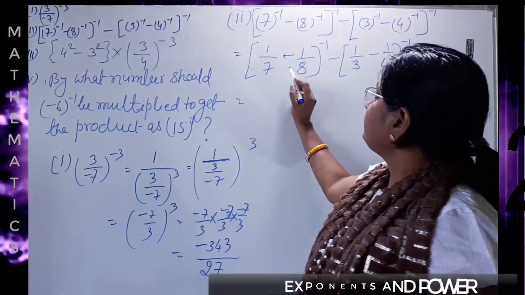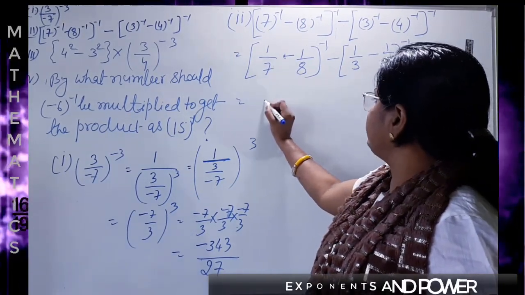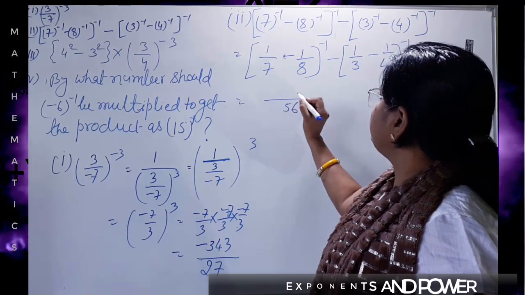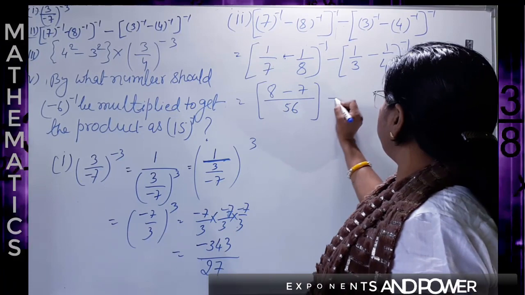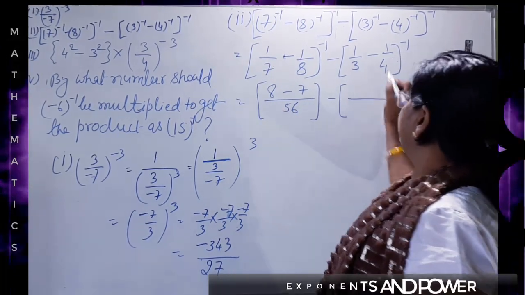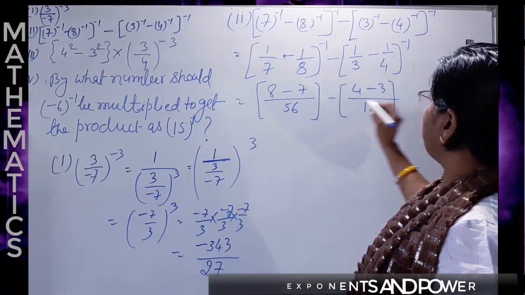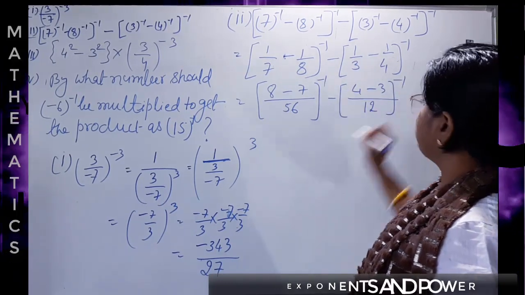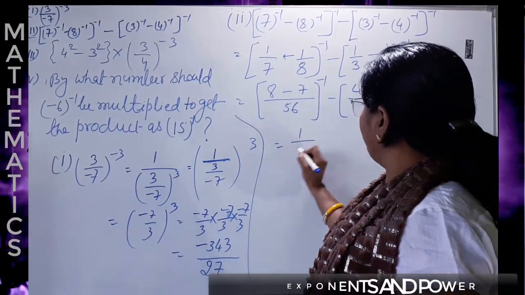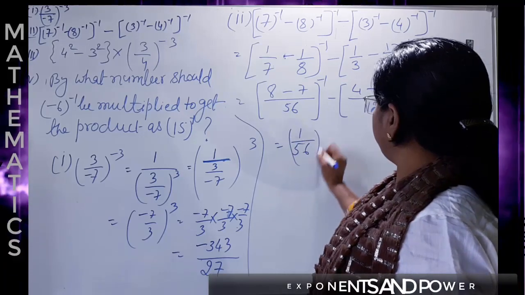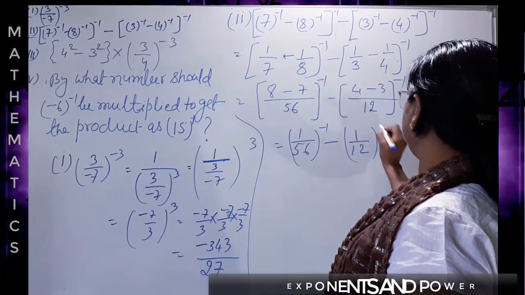And now simple subtraction of fractions. LCM of 8 and 7 is 56, and there 8 minus 7, minus, LCM of 4 and 3 is 12, 4 minus 3, to the power minus 1, there also minus 1. That is (8 minus 7) by 56, (1 by 56) to the power minus 1, minus (1 by 12) to the power minus 1.